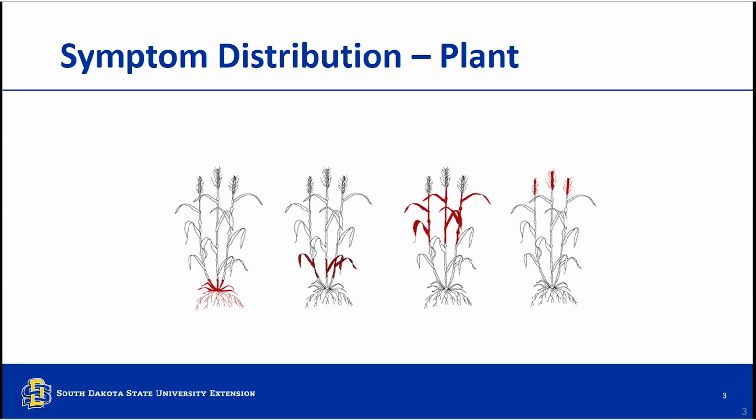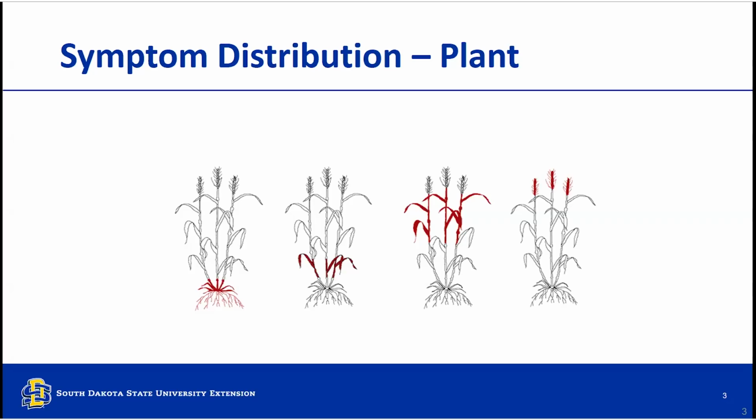Do we think it's from rain? Do we think it's seed-borne, residue-borne, soil-borne? Well, in looking at those roots and that subcrown internode, we're looking at either a soil-borne or a seed-borne pathogen. So it's starting right at the heart of that plant.